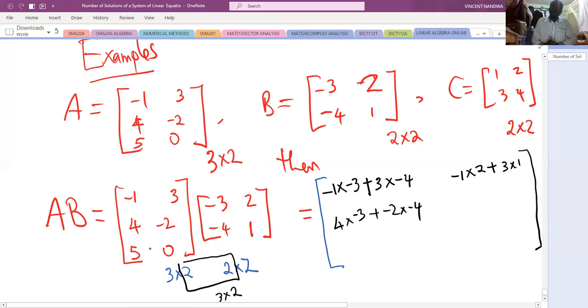This one here will be 4 times 2 plus -2 times 1. And then lastly, the bottom will be 5 times -3 plus 0 times -4, and then 5 times 2 plus 0 times 1.